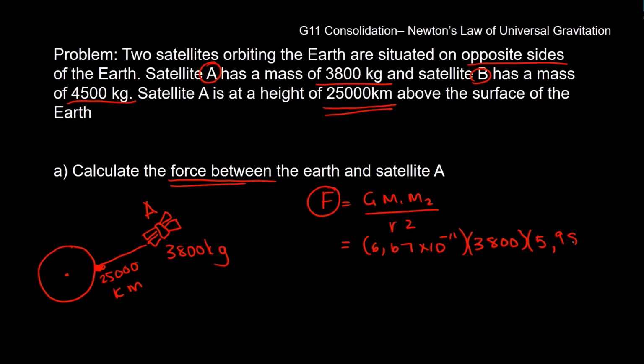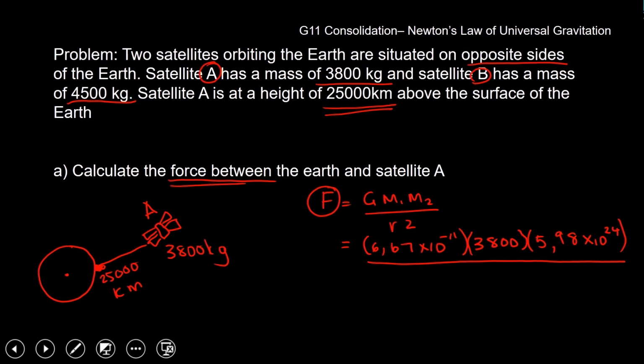5.98 times 10 to the 24 kilograms. What about the radius? Now, this is the tricky part. I'm going to change color so we can see. Here is the radius of Earth. So the distance from the center of Earth to the satellite is going to be the radius of Earth plus this amount that the satellite is floating above Earth.